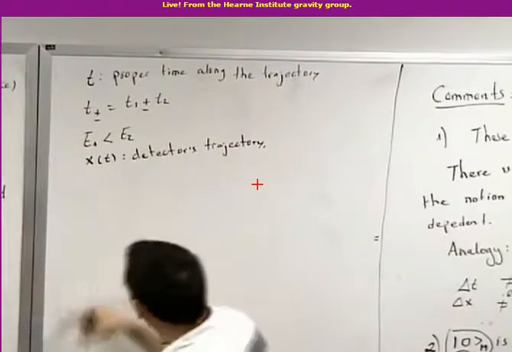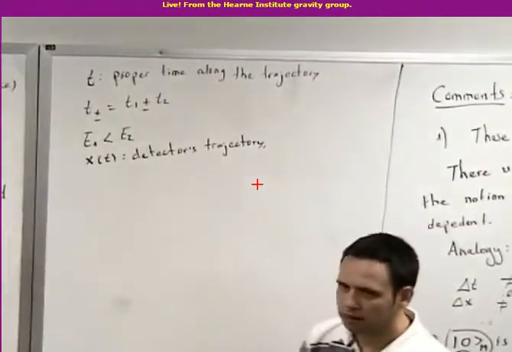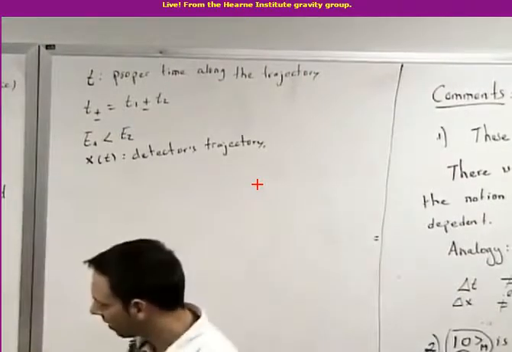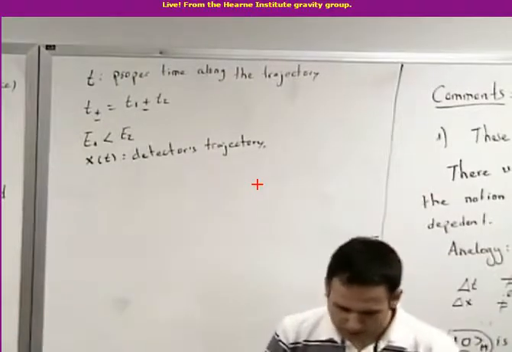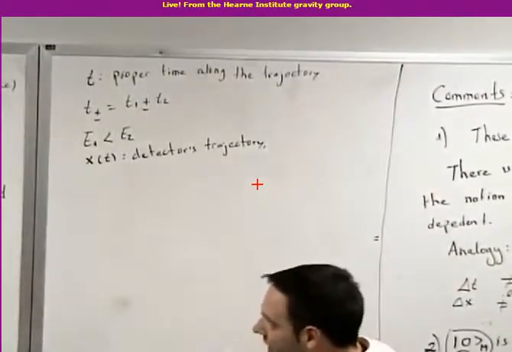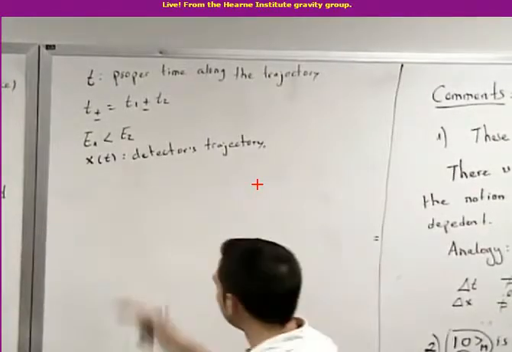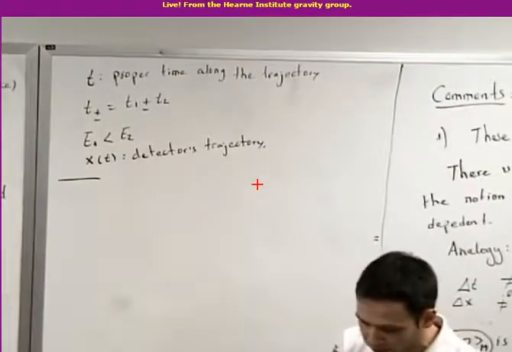I should use a different letter because in this chapter I was using t for the Minkowski time, the inertial time. Here t is really the proper time along the trajectory, so I should use tau. That in chapter 4. For the accelerated detector, I will use tau. So this t is like a generic proper time along a generic trajectory.